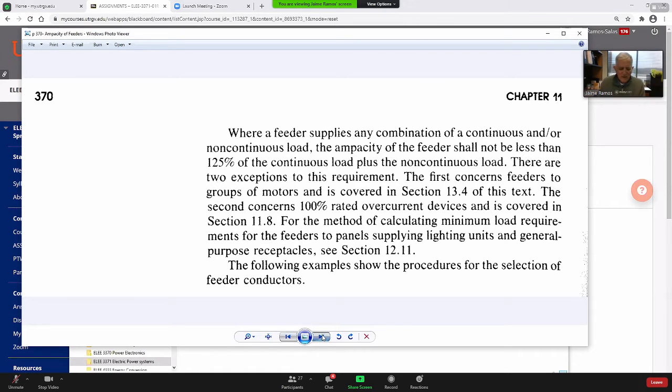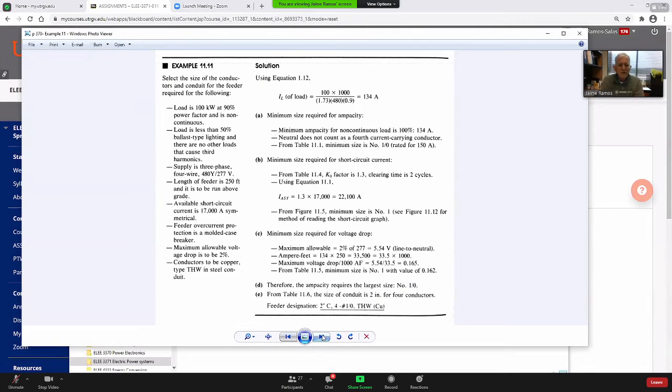Then look at this example 11. On the left it says select size of conductor and conduit. So here is something new, conduit, for the feeder required for the following.